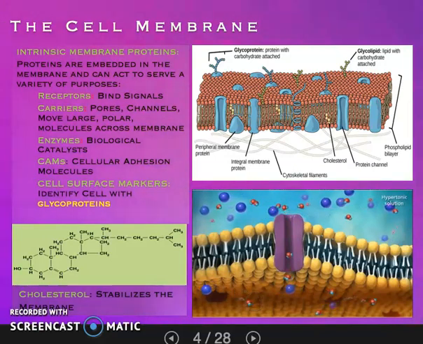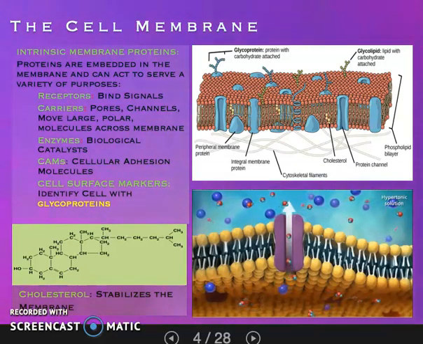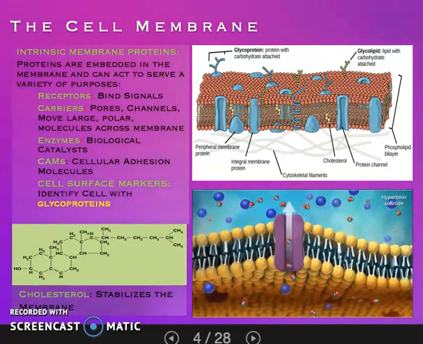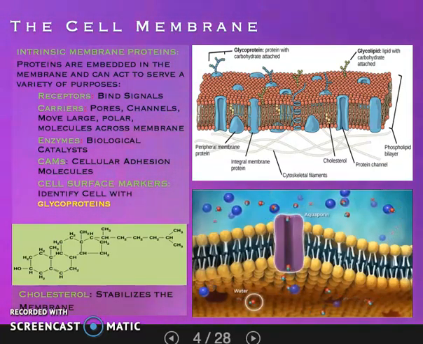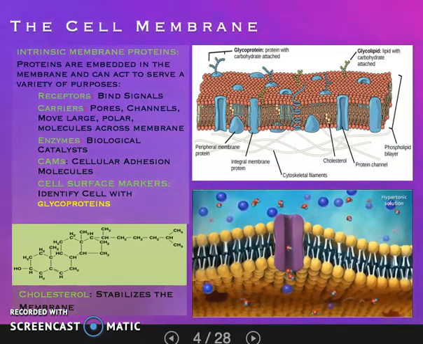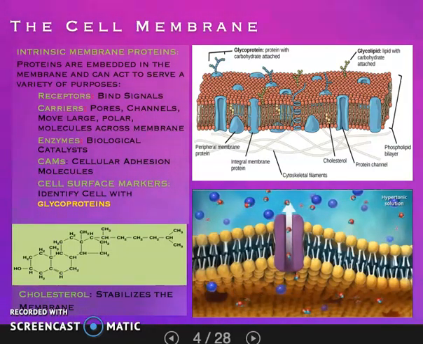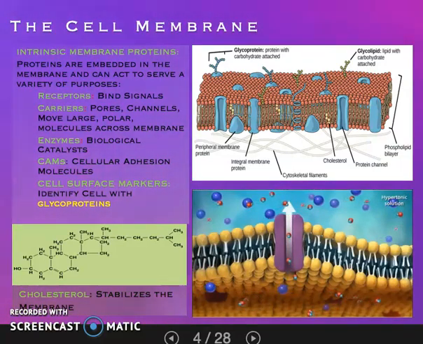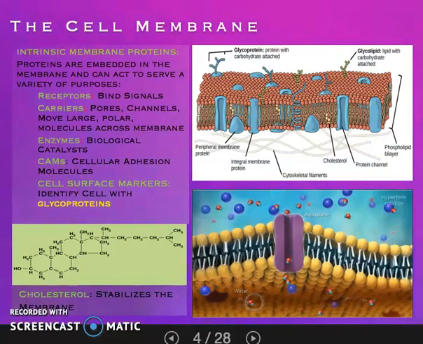We have CAMs, or cell adhesion molecules. For your tissues, you definitely want them to stick together. And so there are cellular adhesion molecules that connect cells adjacent to one another in a strong mechanical way. We also have cell surface markers, and these typically are glycoproteins. What's a glycoprotein?